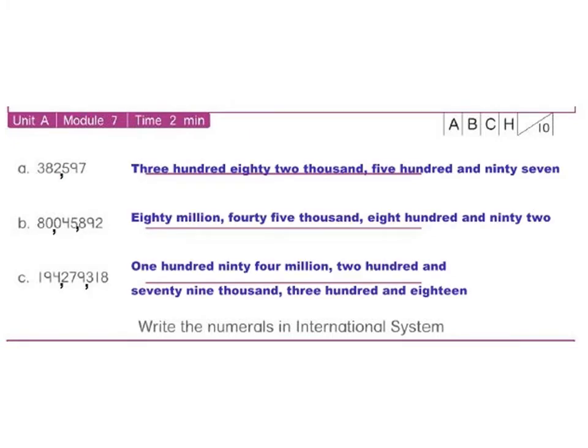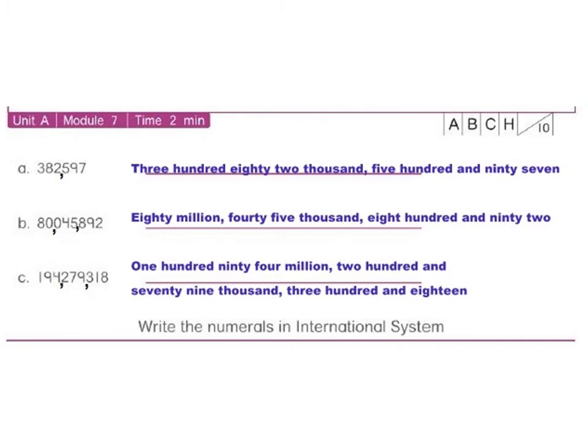So here in the first number there are only 6 digits, so only one comma will come, that will divide the number into two periods, that is the ones period and the thousands period. So the number will be written as 382,597.